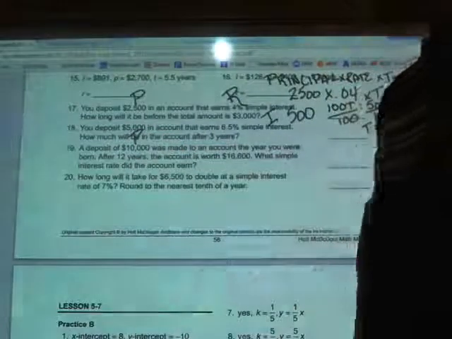So we're depositing $10,000 to start. So that's the principal. After 12 years, which is what they say at the beginning of the second line here, well, that's our time, 12 years. The account is worth $16,600. Now remember, you still have the principal in there. So you still have the initial $10,000, but somehow over that 12 years, you've managed to gain an extra $6,600.